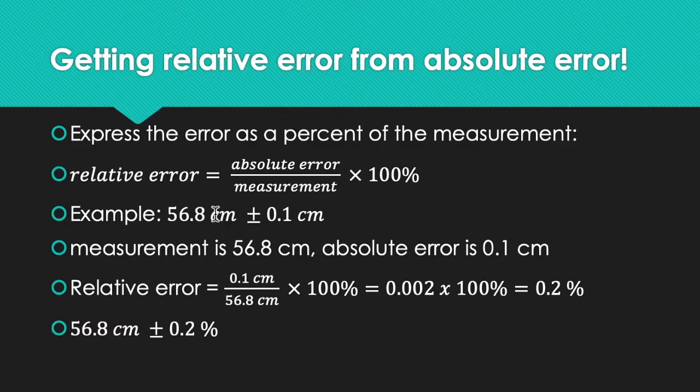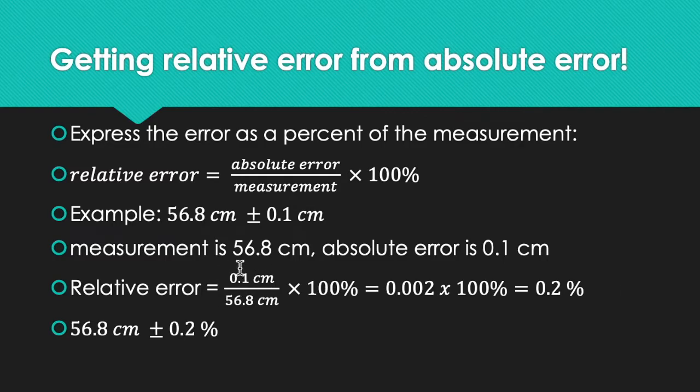So you have 56.8 centimeters plus or minus 0.1 centimeters. This is your measurement, the 56.8. This is your error, the 0.1 centimeters. And the relative error would be that 0.1 over 56.8 times 100%. Or 0.002, the centimeters have canceled, and then it's times 100%, which would be 0.2%.